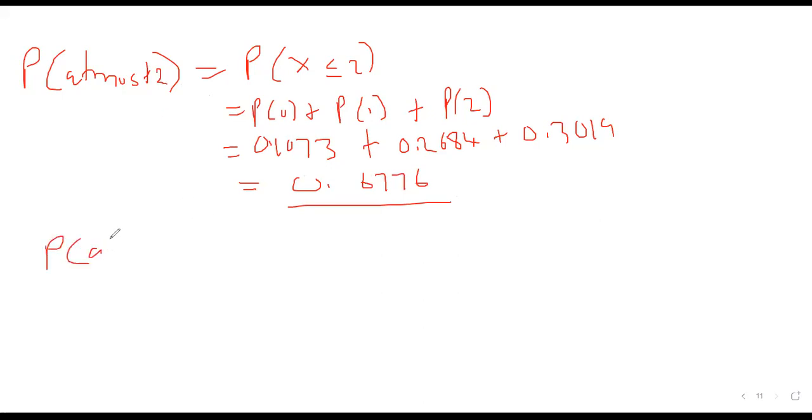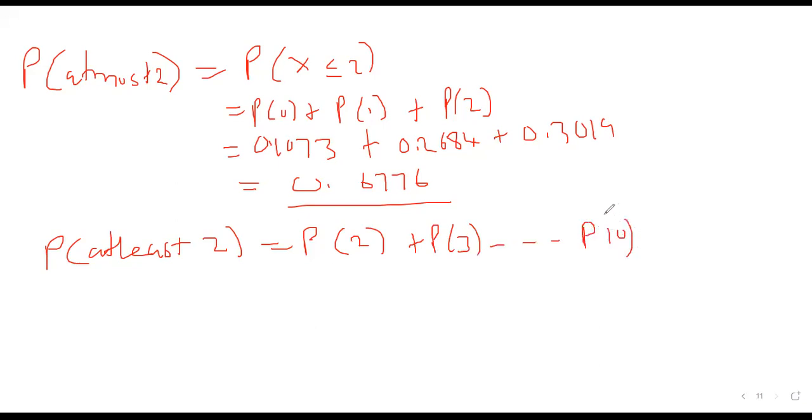Probability of having at least 2 means we're moving from 2 and above. So 2, 3, up to the last number, our n, which is 10. Now this will take the whole day. The shortcut is simply 1 minus the sum of the numbers before 2, which are 0 and 1.